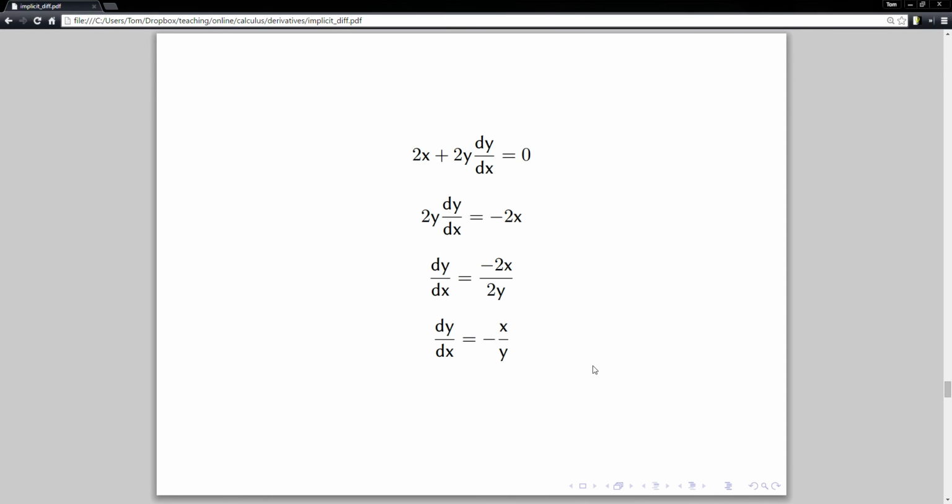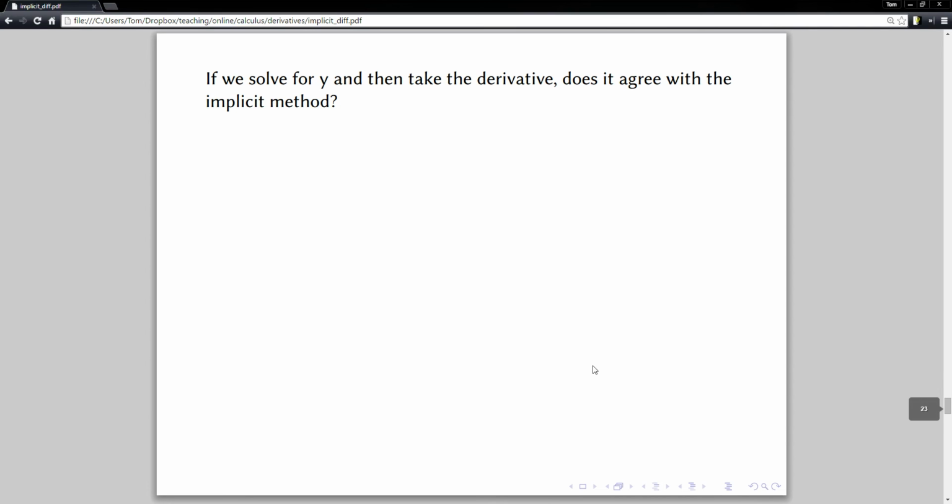There is one question that's hanging out there, and that is, if we solve for y and then take the derivative, does it agree with the implicit method? All right, so let's check that out. For x squared plus y squared equals 1, in the previous videos we've seen that if we solve for y, one of the implicitly defined functions we get is the square root of 1 minus x squared, which we can write as 1 minus x squared to the 1/2 power.